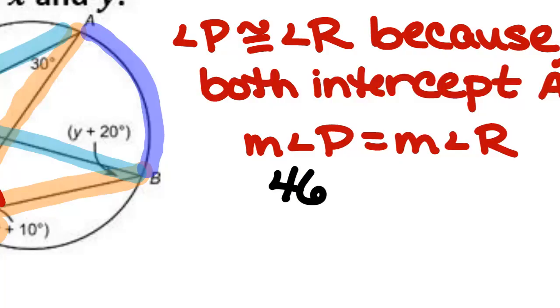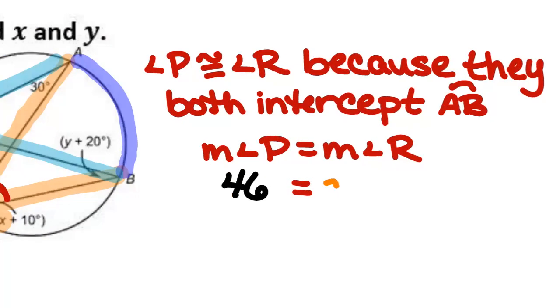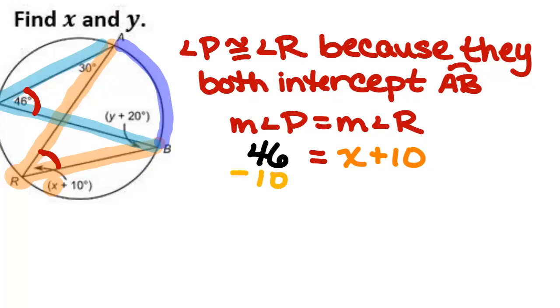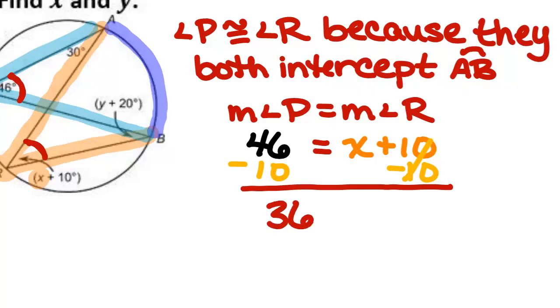So I have 46 equals, how big is angle R? X plus 10. So to find x, we're going to subtract 10 from both sides. So how big is x? 36. All right, that's half of what they asked me to find on number 7.